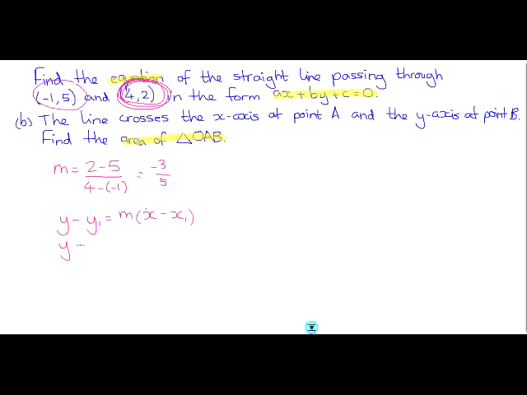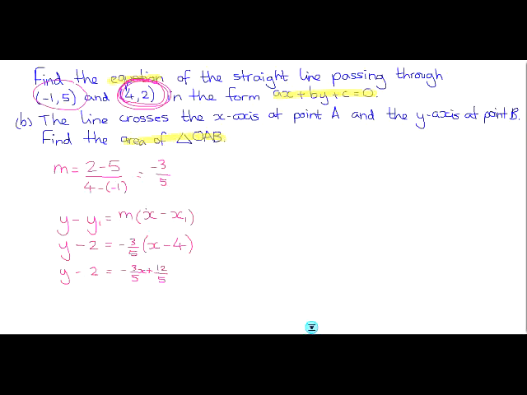So y take away y1, so that's 2, is my gradient, minus 3/5, x minus the x1, which was 4. Now I just got to tidy this up. So y minus 2 equals minus 3/5 of x minus, oh no, sorry, it's plus, because minus times a minus, plus 12 over 5. And I just realised I missed out the x.